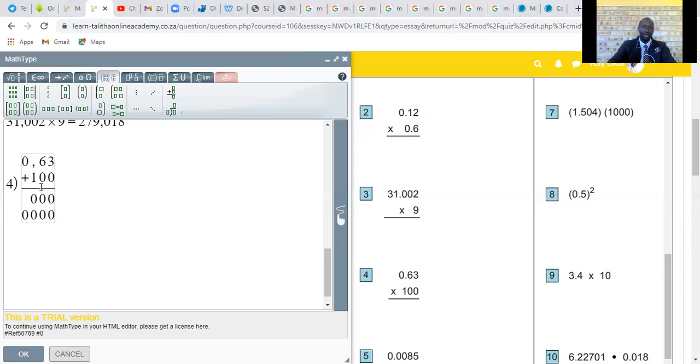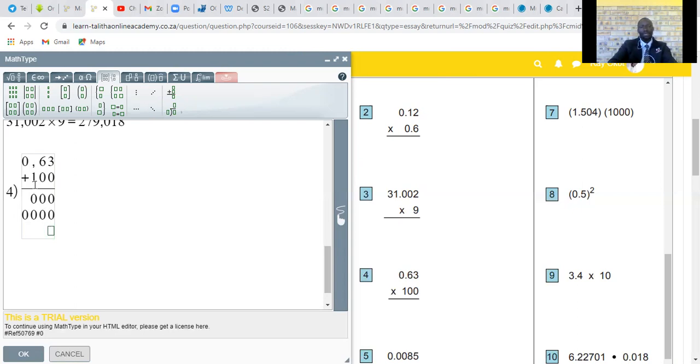So we then have 0 by 3 and we get 0. We later multiply 0 by 6 and we get 0. Then we have 0 by 0 and we get 0. We put a 0 under this first 0 as a placeholder. Now the next thing is to multiply 1.